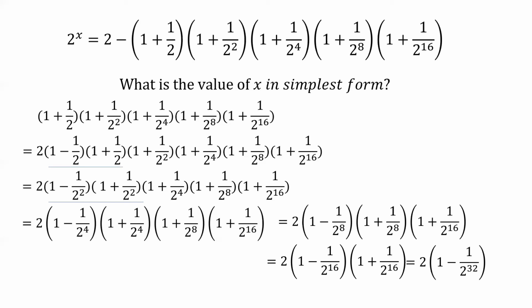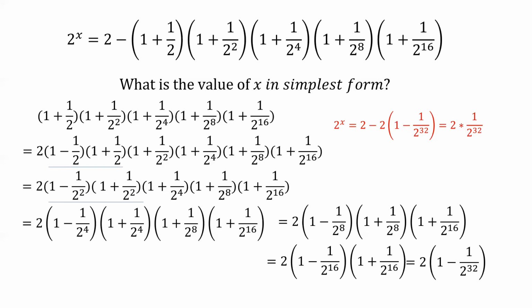So now we go back to our original equation, and for the product terms within the parenthesis, we can simply substitute 2 multiplied by 1 minus 1 by 2 to the power 32.